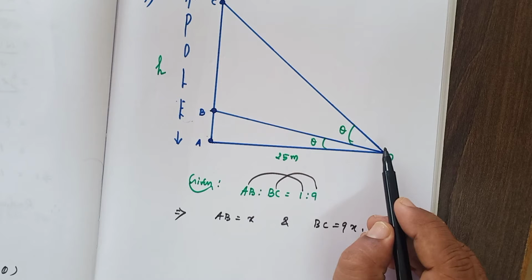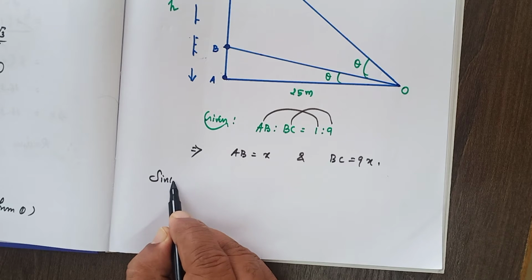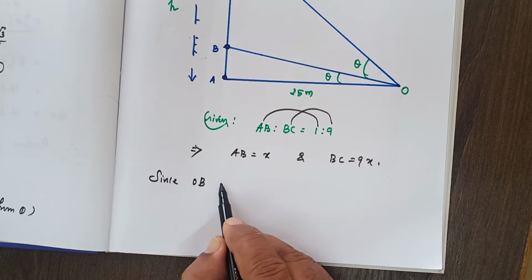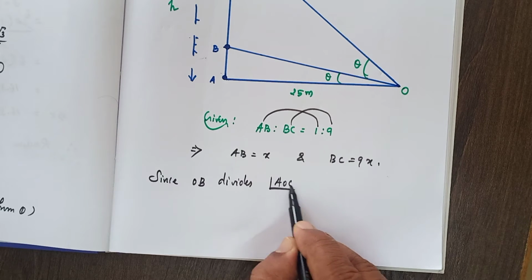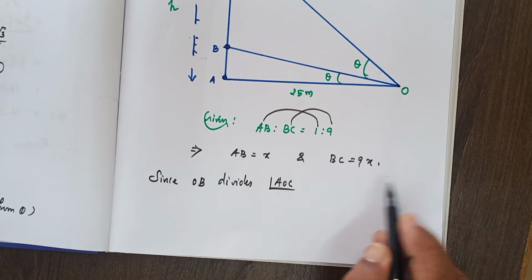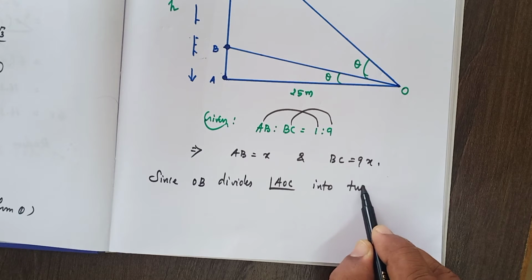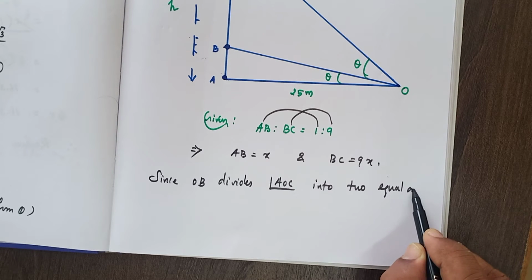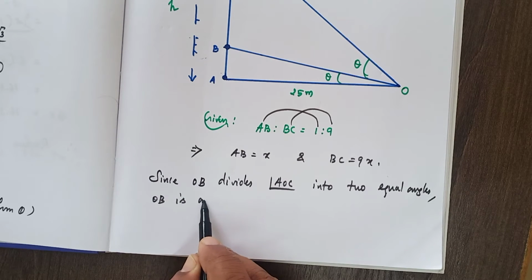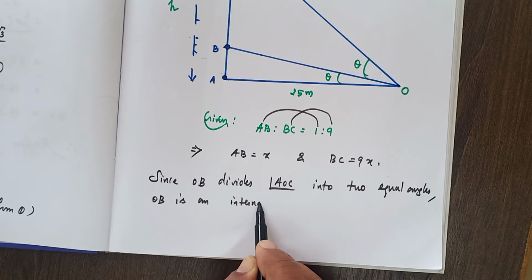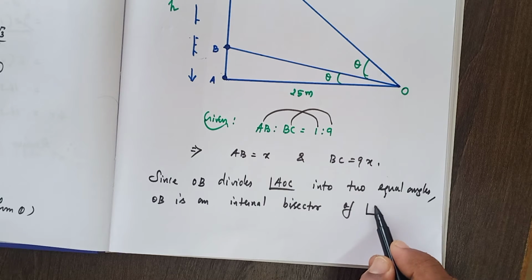So according to that angle bisector theorem, here I write that since OB divides angle AOC into two equal angles, OB is an internal bisector of angle AOC.